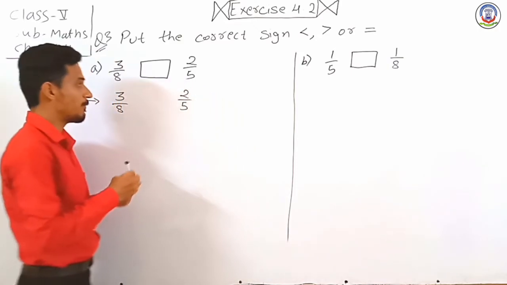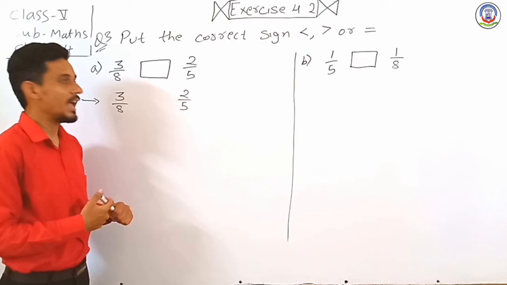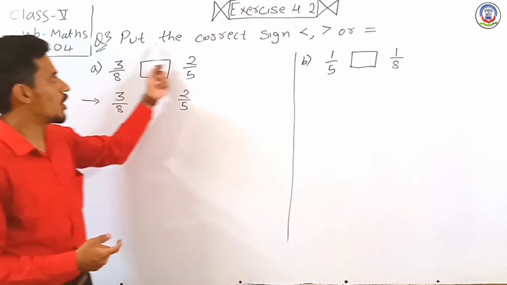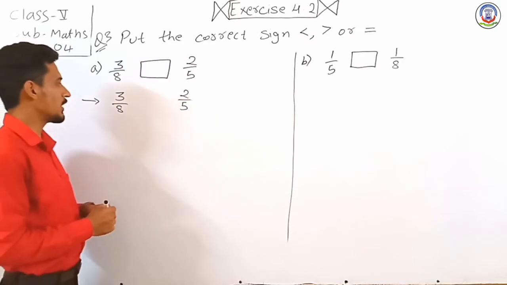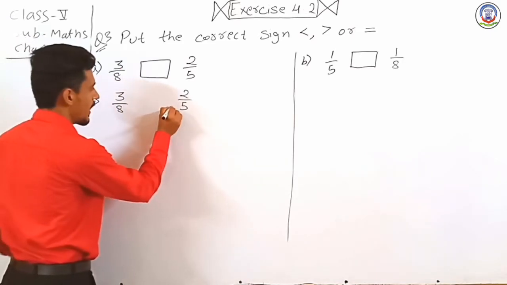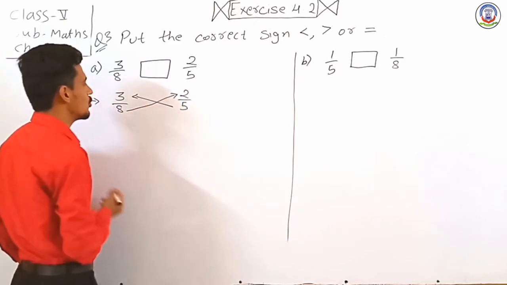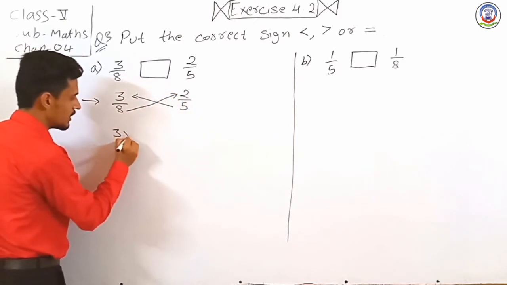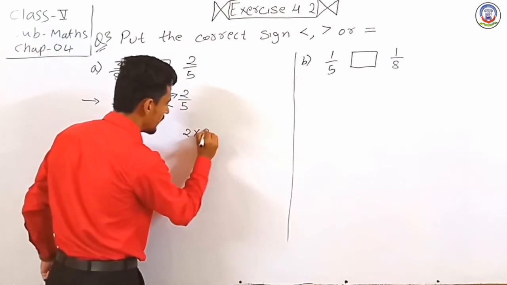Now we have two methods. First is cross multiplication and second is LCM. So here it is not mentioned which method we have to do. So we can do cross multiplication method. So 5 goes towards the 3 and 8 goes towards the 2. So here we write 3 multiplied by 5 and here 2 multiplied by 8.